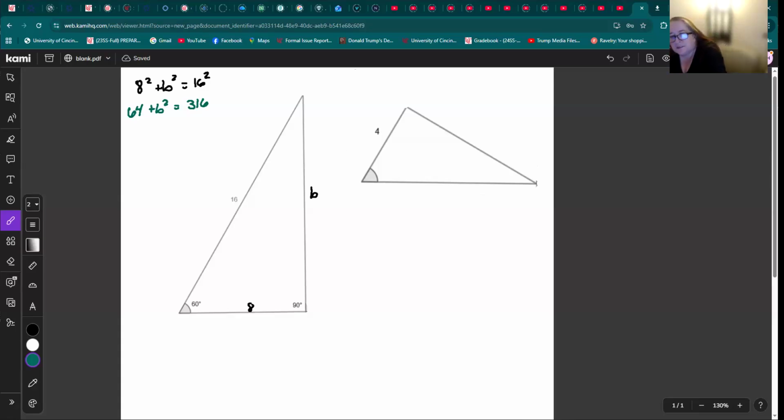Double checking that my 16 squared is correct. So 16 squared is 10 plus 6 times 10 plus 6: 100 plus 60 plus 60 plus 36. So 120 plus 36 is 256.